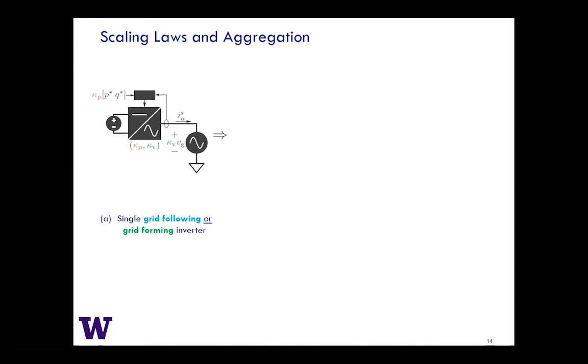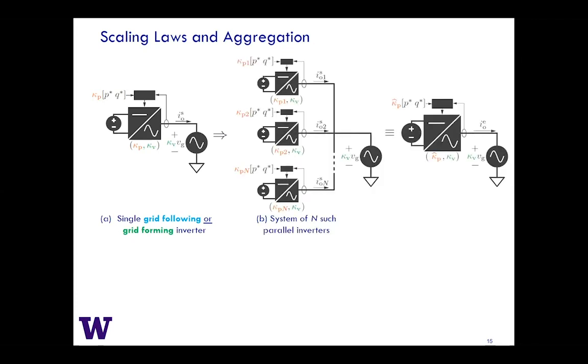But you can do this with a droop controller or a virtual oscillator controller, and you can get scalable versions for any of them. Okay, so now you take n instances of these things. Let's say you're looking at a system that has 10,000 inverters, and they're all scaled versions of each other. And so they each maybe have a different rating associated with them.